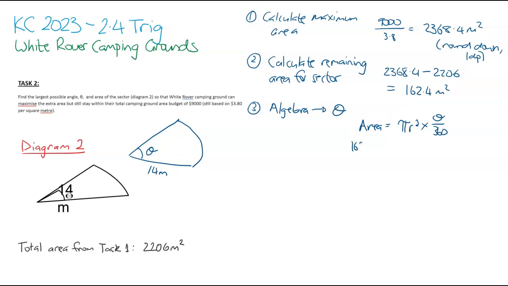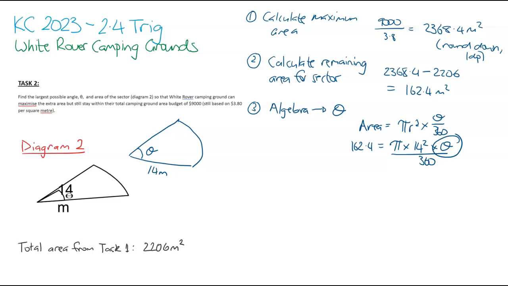So 162.4 will be equal to pi times r squared. R relates to the radius of my sector, which is 14. So that's going to be times 14 squared, times the unknown angle over 360 degrees. Now I've just got one variable, which is the unknown angle.